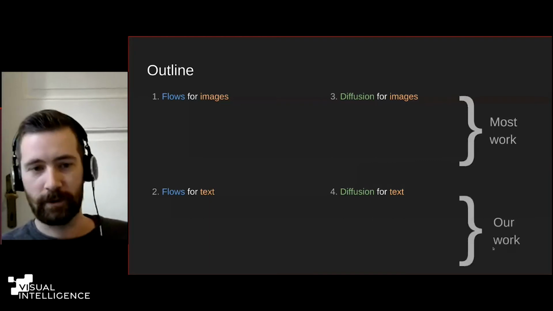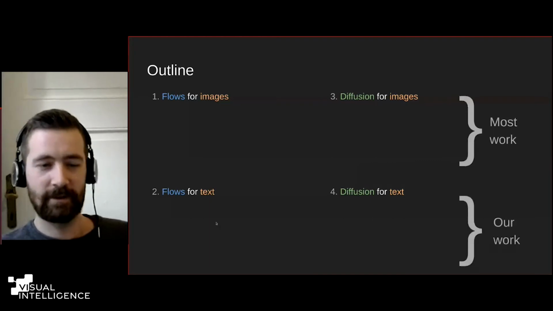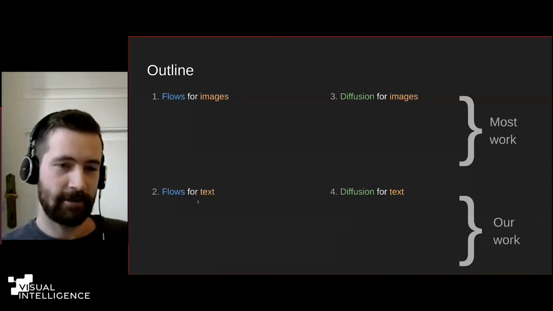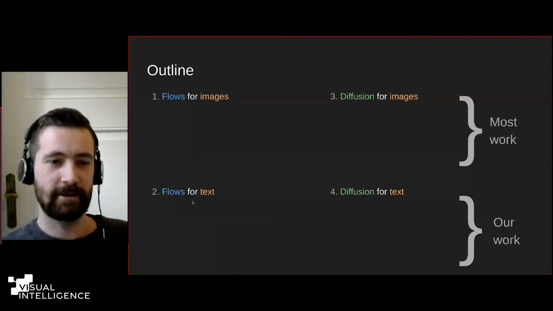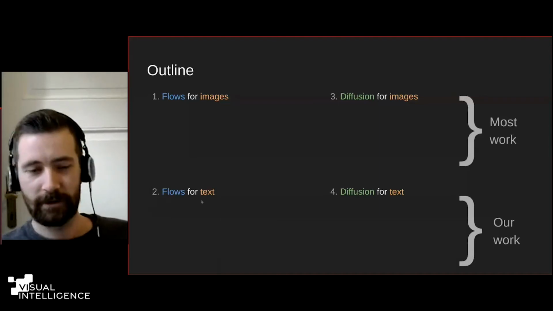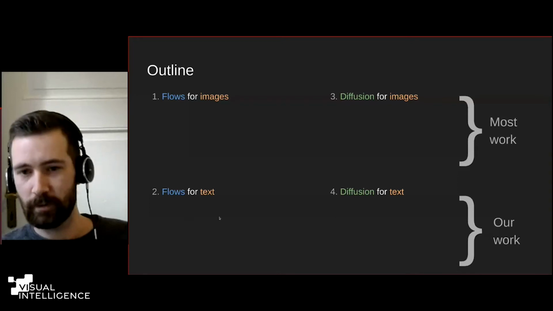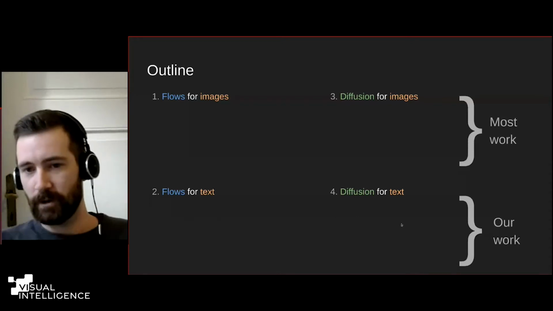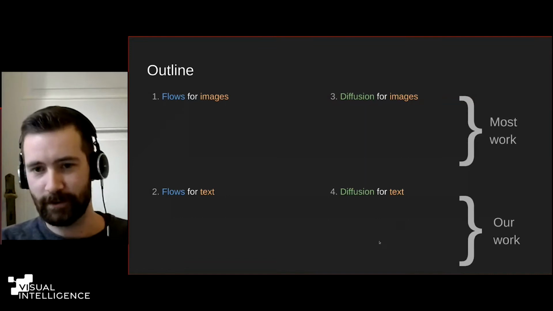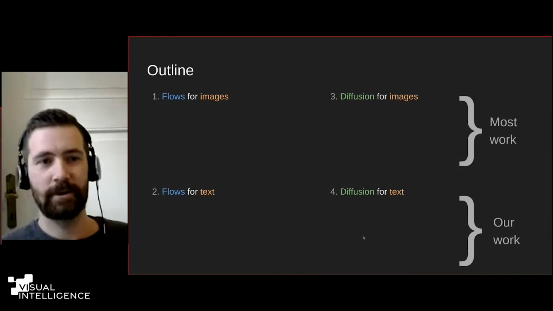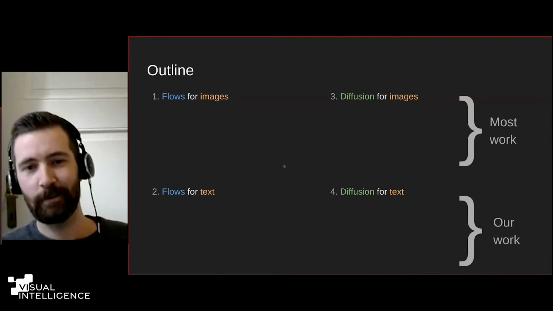Then our work focused on doing this for text, and there's other work on flows that has also worked on text. I won't go through that here due to limited time, but I'll talk a bit about our work very briefly. And diffusion models for text, I think we were the first to do that, so I will also mention that a bit. I will come back to this outline in between each part and fill in a little summary here.